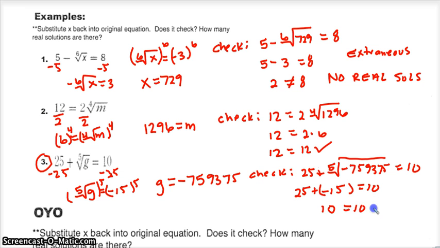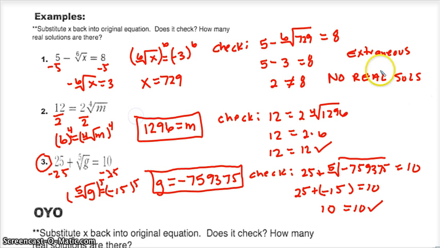So 10 equals 10. It checks out, so g equals negative 759,375. All right, now it's your turn.